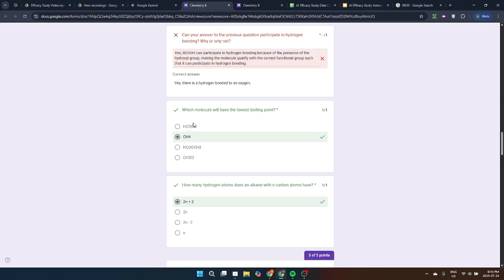I took out these two because they had more complex functional groups. First of all, the presence of oxygen makes it so that there's hydrogen bonding in this one, or just higher London dispersion forces with a larger molecule here, right?